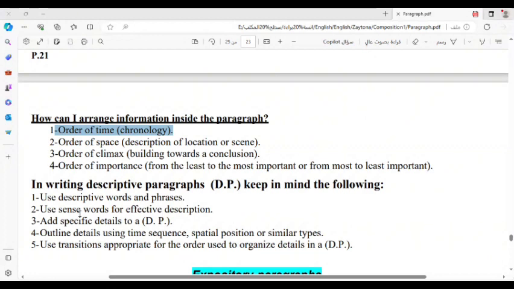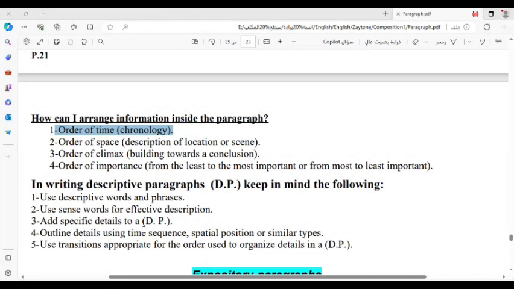Sense words are like the five senses. When you need to describe, for example, a favorite food or meal, you need to say some words like it is salty, it is sweet. This is related to the sense of taste. This is an example.